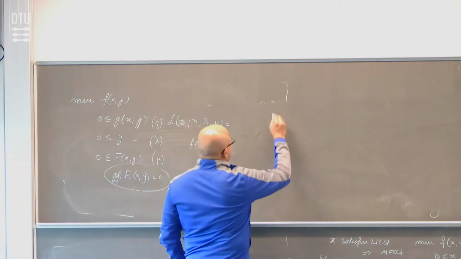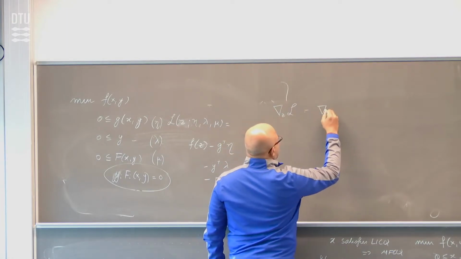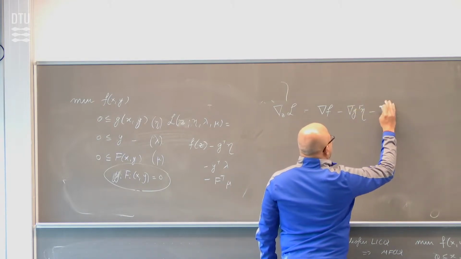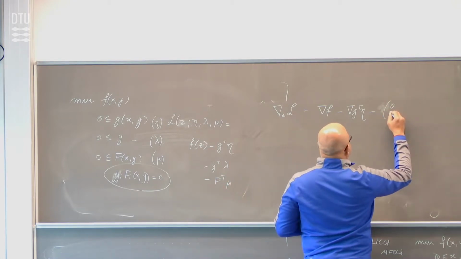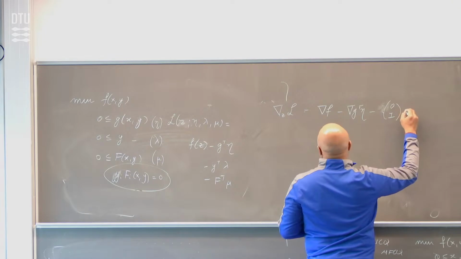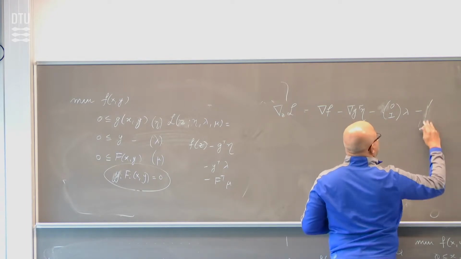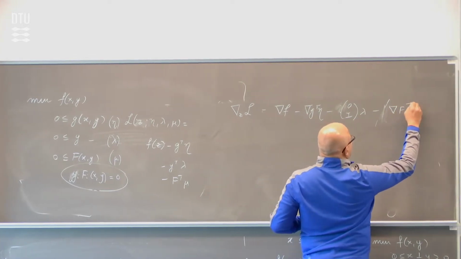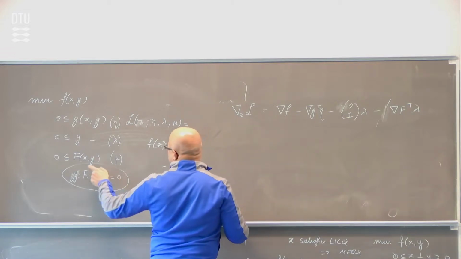So if I write down this, the gradient with respect to y is just going to be 0, identity times lambda, and this is just the gradient of f. This is lambda.